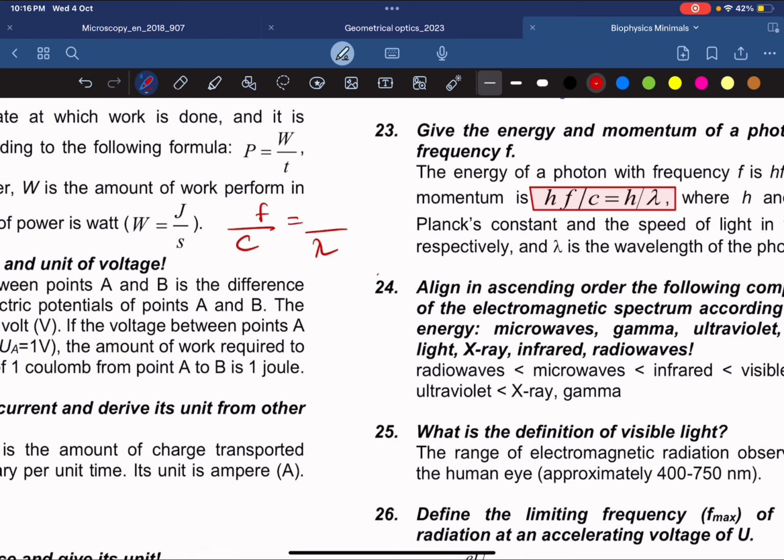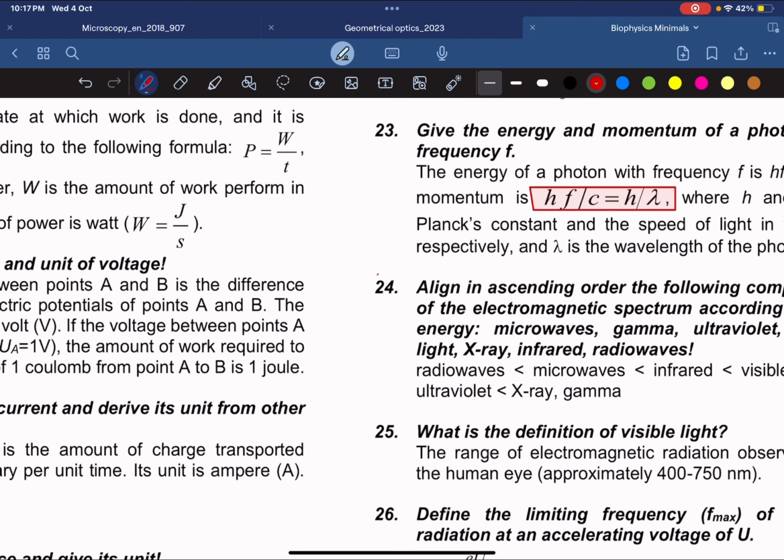Let's bring this guy here and this guy here. What formula do we get? We get c is equal to lambda f. And we know this is the formula for the speed of light, with wavelength and frequency. You have learned this before. They're not telling us to derive this, but it's like a mini derivation, and this is how I explained what this formula gives us, but don't be confused. So that's how we got that.